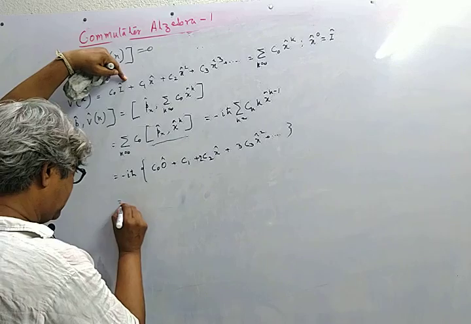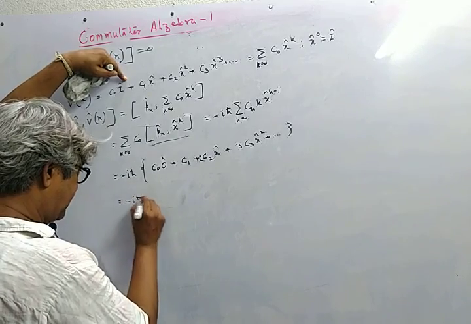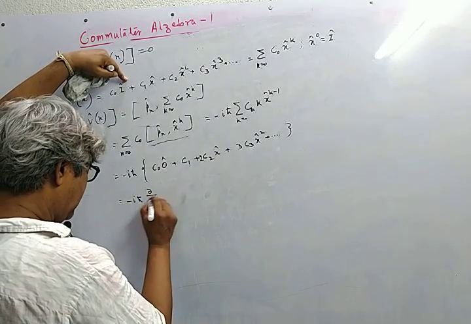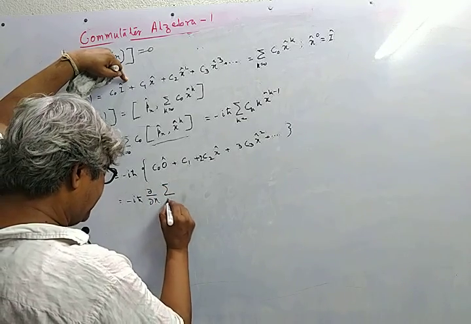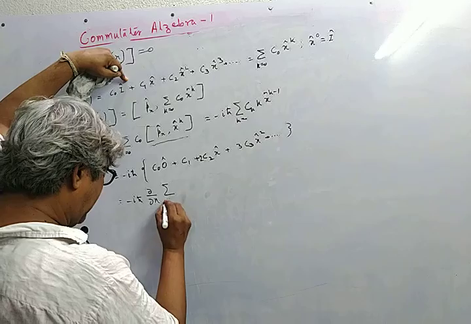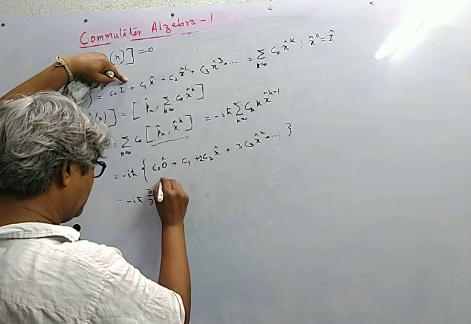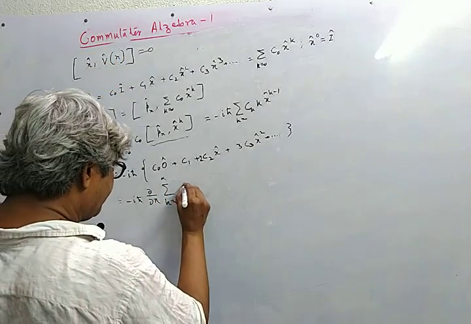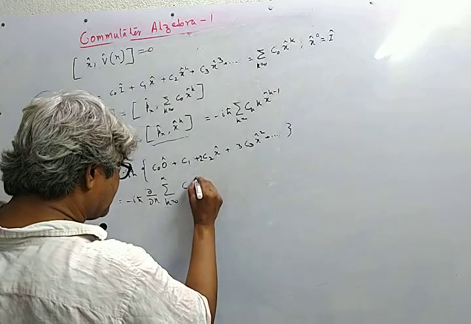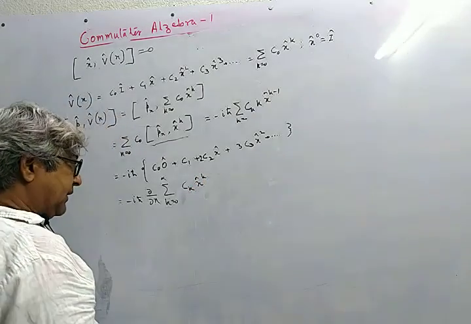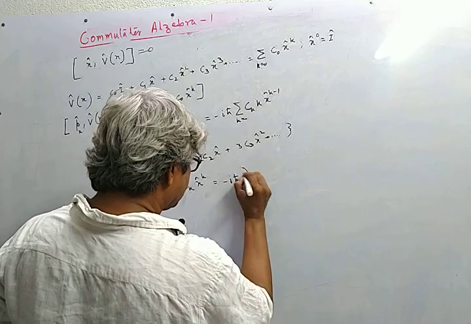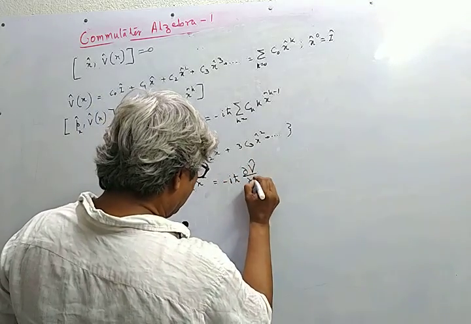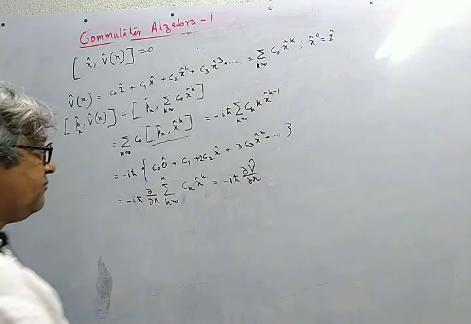So we write it as minus i h cross del x on the summation over k equal to 0 to infinity of Ck x to the power k, that is, minus i h cross del V operator del x.